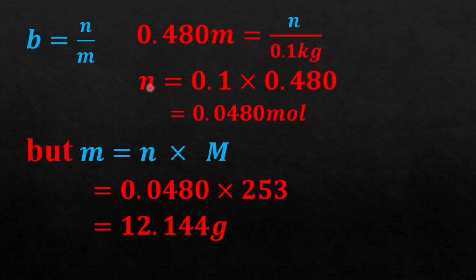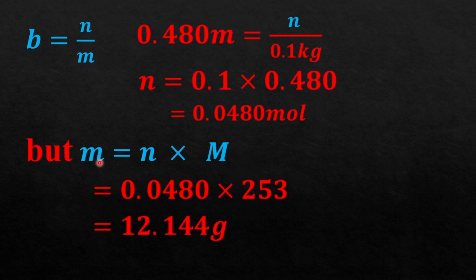So finally, the amount or the moles is equal to 0.1 times 0.480, which will give us 0.048 mole. But the question here didn't say we should calculate the mole of I2. The question said we have to calculate the mass. That is how much. So we need mass.